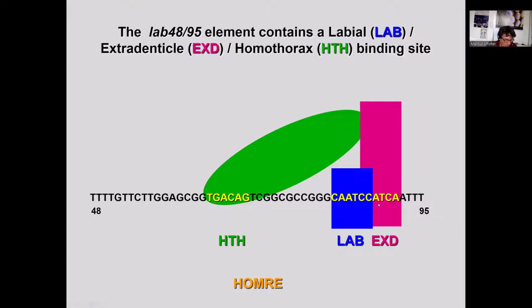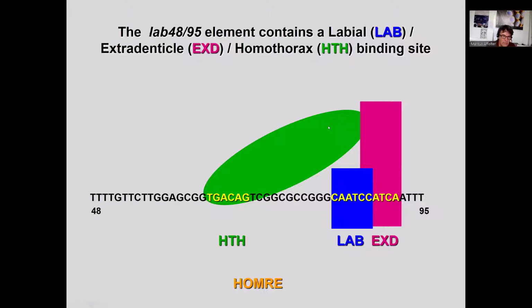Then we asked, is that happening here? He didn't know what EXD binds, what kind of DNA sequences. Then we found, oh yes, labial binds with EXD, and EXD binds to these sequences here. So the first cofactor of a homeotic protein was EXD, and we had the first in vivo binding site for this complex.